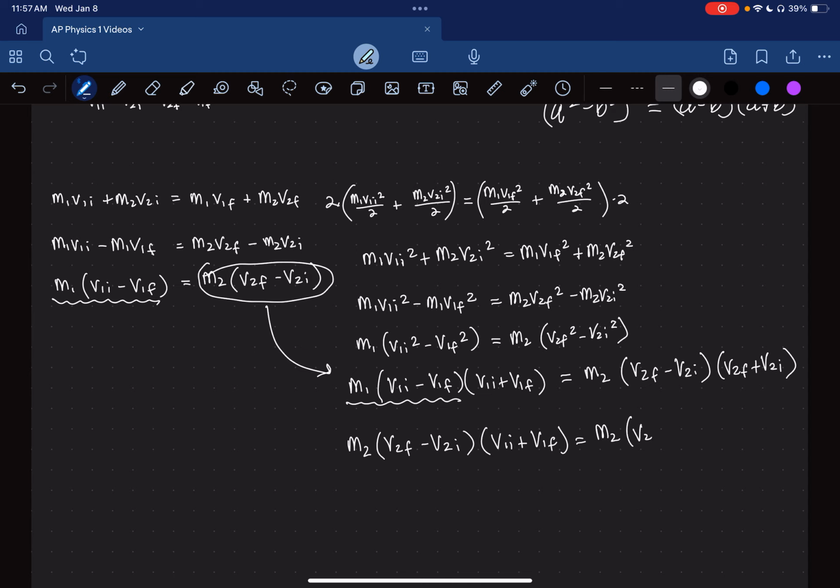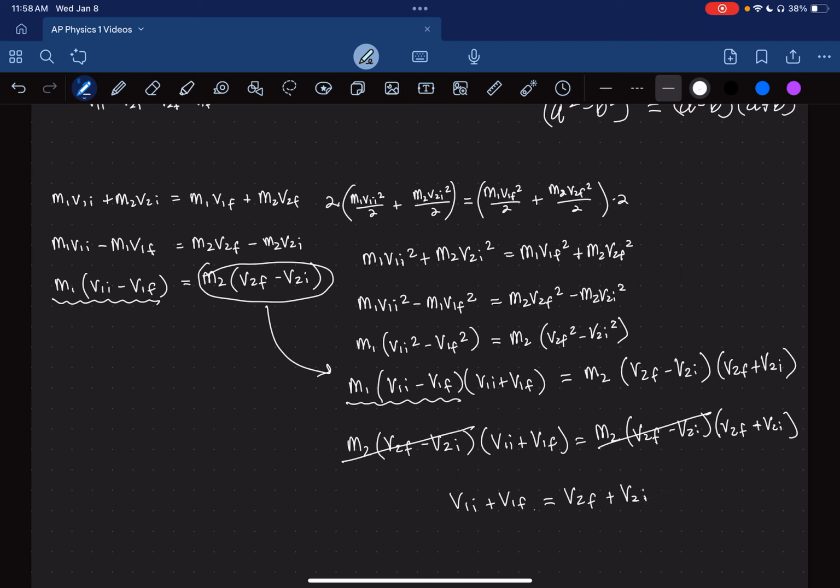M2, I'm just copying this down from what we had before. And you will notice that m2 v2f minus v2i is the same on both sides. And we're going to just divide that from both sides. It's not good algebra, but I'm just going to cancel those there. It's the same on both sides. So we are left with v1i plus v1f equals v2f plus v2i.